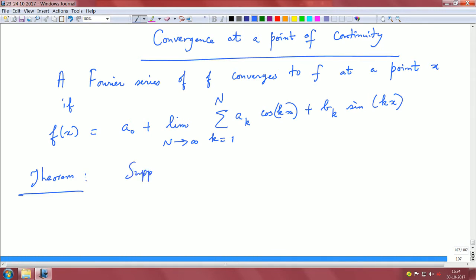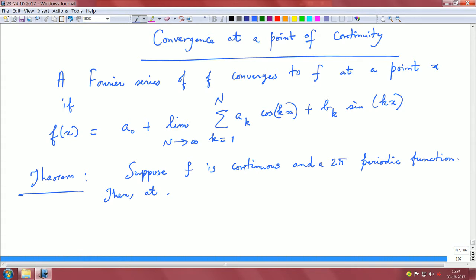Suppose f is continuous and a 2 pi periodic function. It is continuous and it is 2 pi periodic.